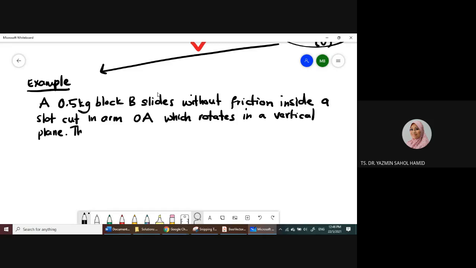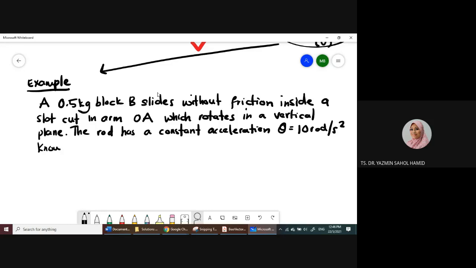The rod has a constant acceleration theta double dot equals 10 radian per second squared.